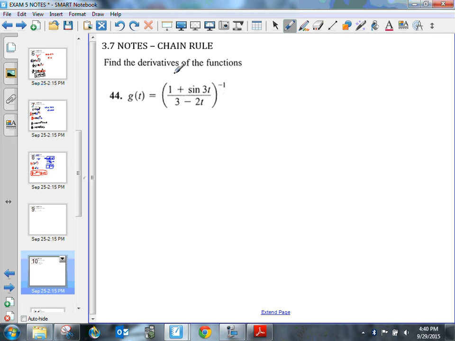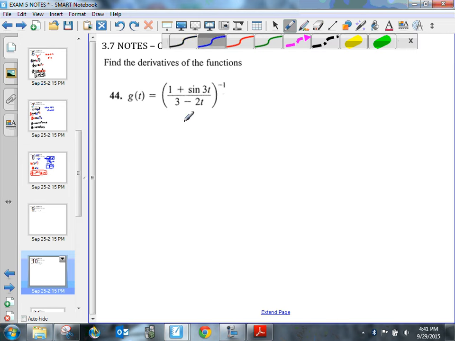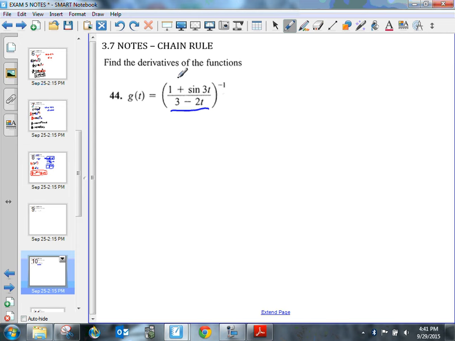So what I see here is some function g of t, and that's this whole thing raised to the negative 1. What I want to do is identify my outside function, some quantity raised to a power, and then I have an inside function, which is what's inside my parentheses.